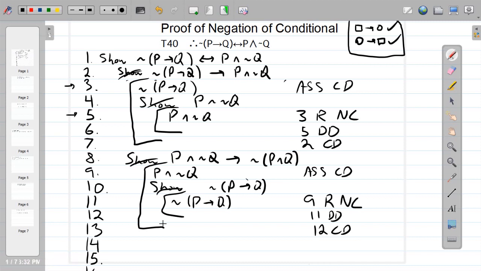But you see that it makes things much nicer for you. And just a note, when you're writing these out, if you've got a negated conditional, NC is the rule to get to the conjunction. If you've got the conjunction, NC is still the rule to get to the negated conditional. So it's the same rule, it can take you in either direction.